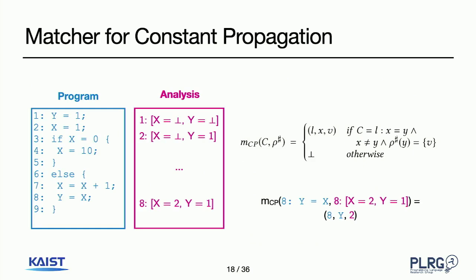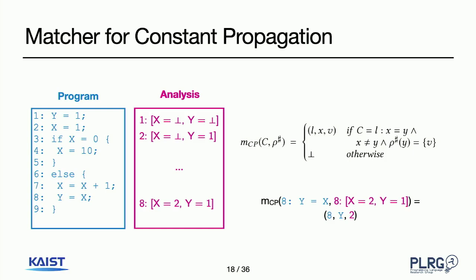Now we will show our components with an example transformation, the constant propagation transformation. The matcher needs a program component and the analysis result. For constant propagation, the required analysis is value analysis of each variable, which returns the possible values at the label.